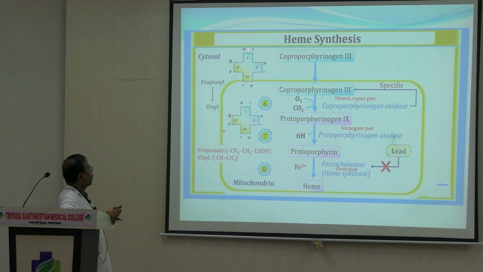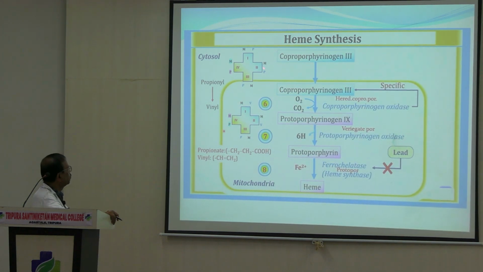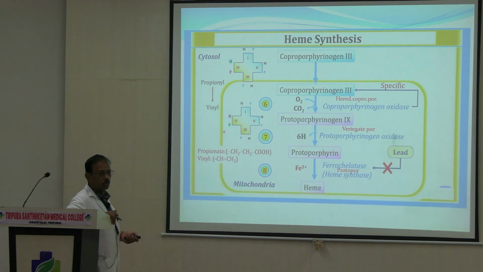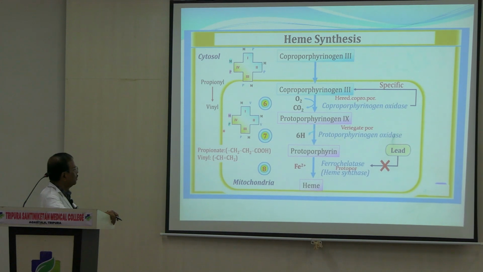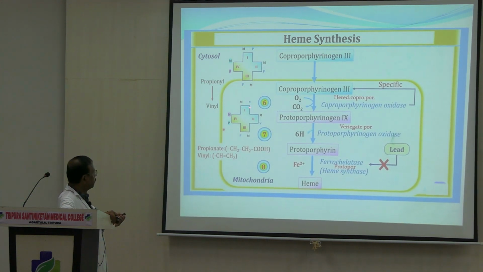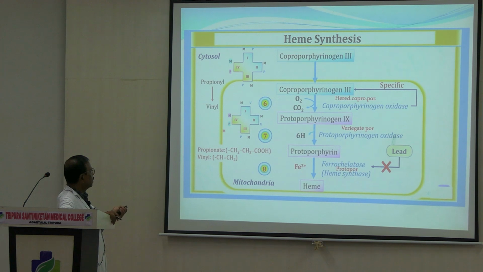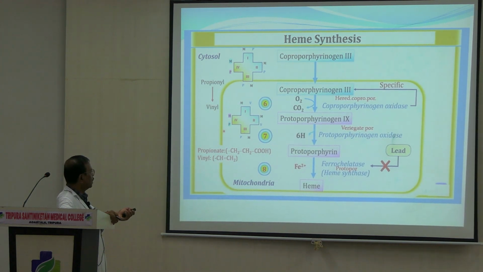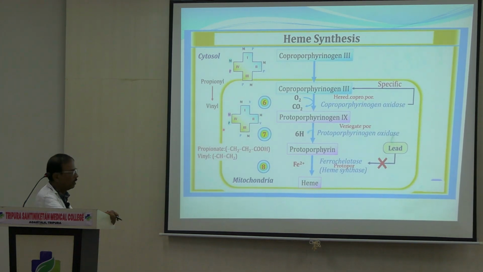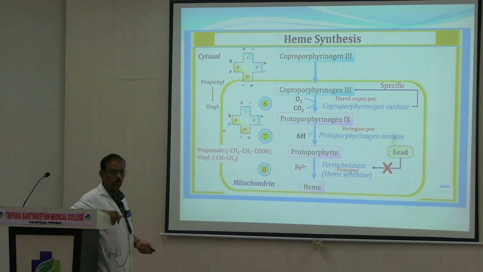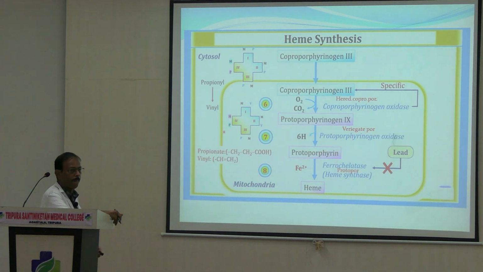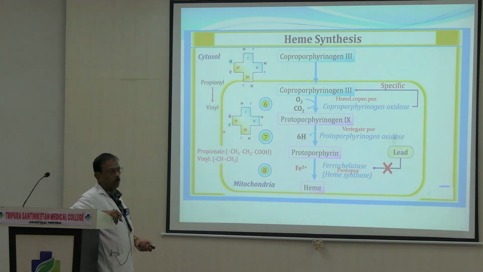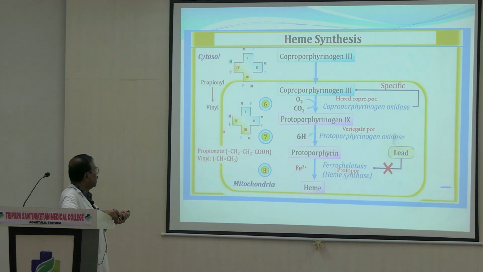The 2 propionate groups at positions 2 and 4 will be converted into vinyl groups. Now it is protoporphyrinogen 9, also called protoporphyrinogen 3. Same thing, protoporphyrinogen 9 or protoporphyrinogen 3, because here you see in position 7 propionate is there.